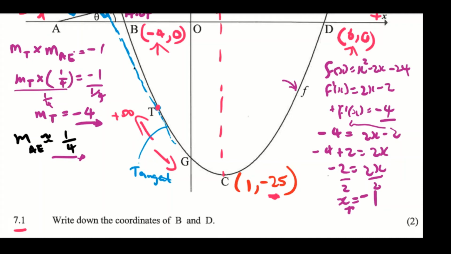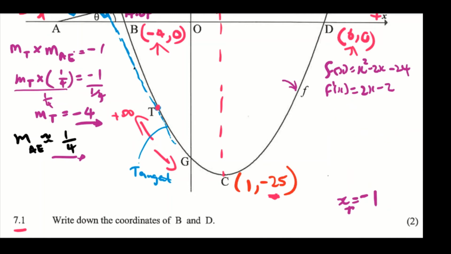So to find the y value, just going to substitute into the original equation. So what we will do is this: we'll say f of x of T, which is equal to negative 1.